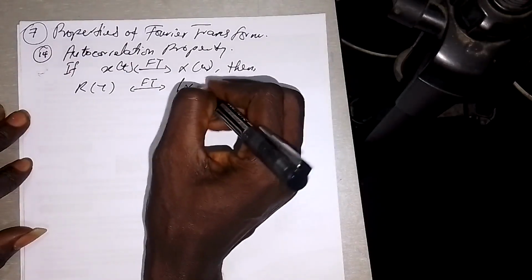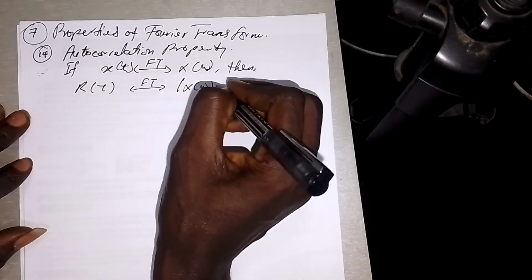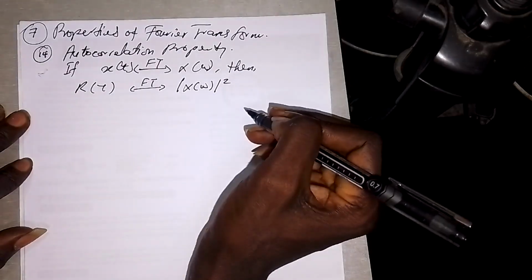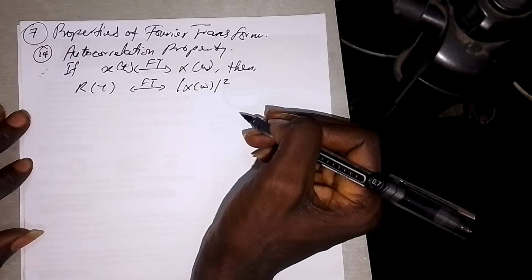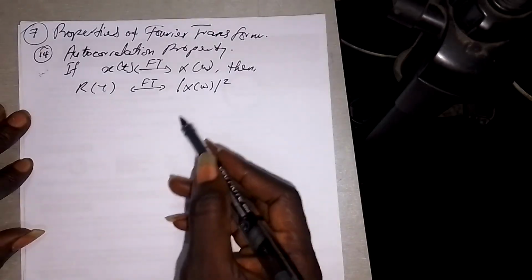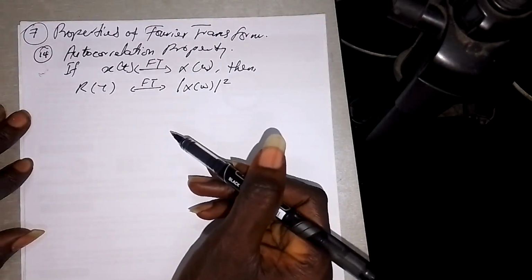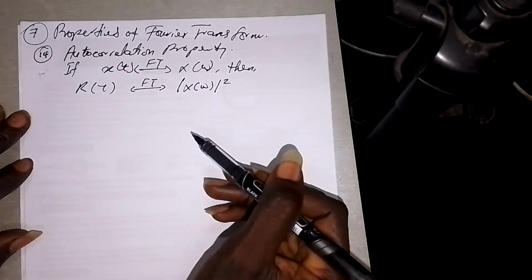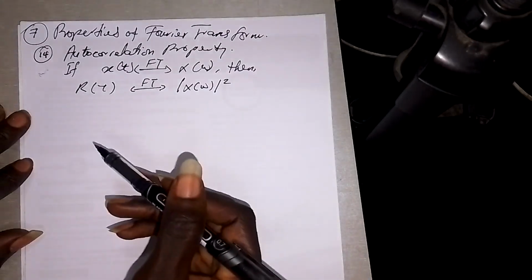I'm sure you saw the spectral density in our previous discussion on Parseval's property. In Parseval's property, we got the spectral density, which is the distribution of the energy over the frequency.